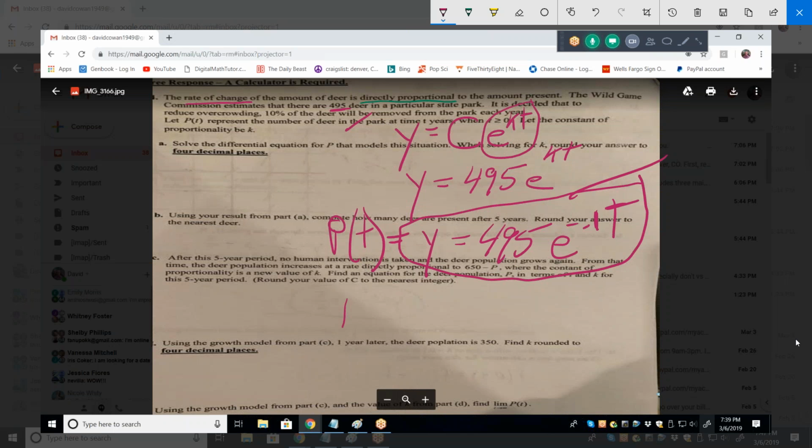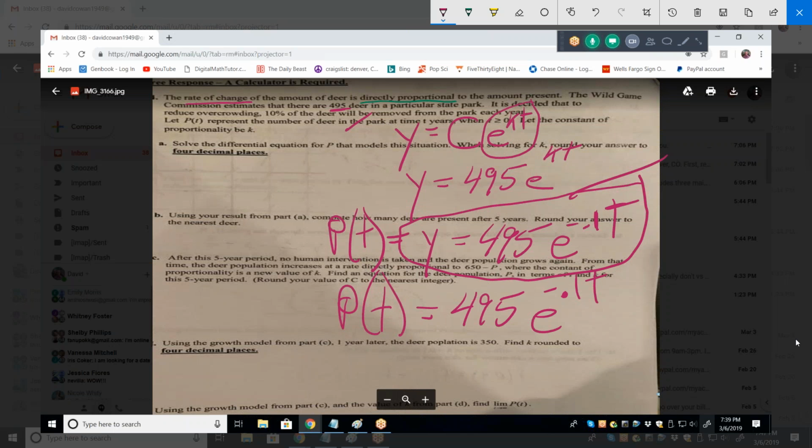Okay. So I can say P of t equals 495 e to the minus decay rate, 10%, times time. What's the unit on time? Is it days? Is it months? Is it years? Years. In other words, whatever the units are on K, same units on t.